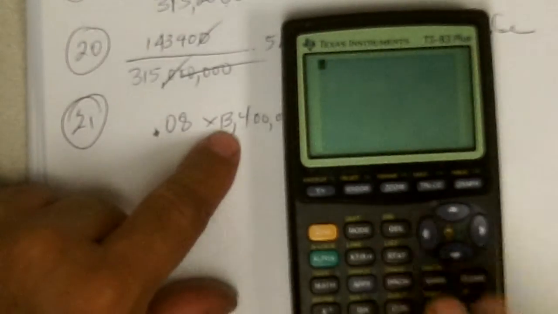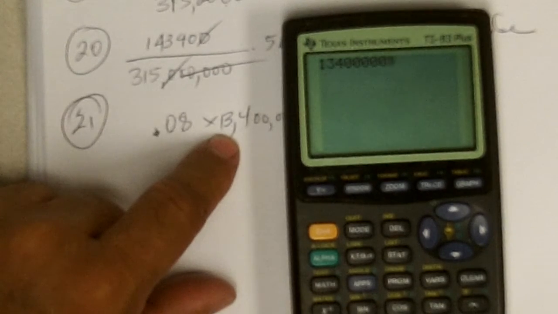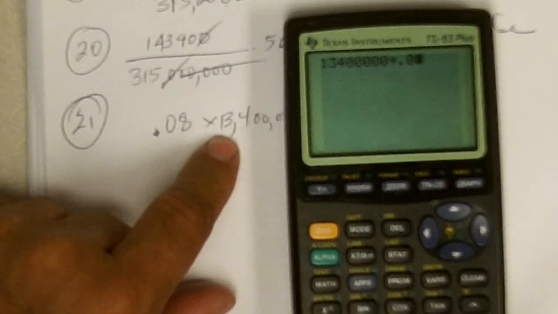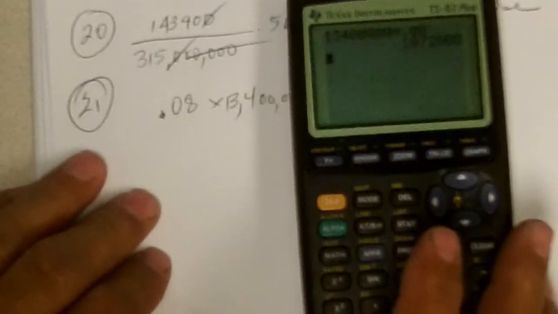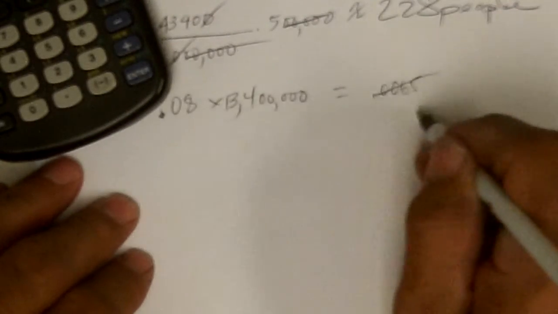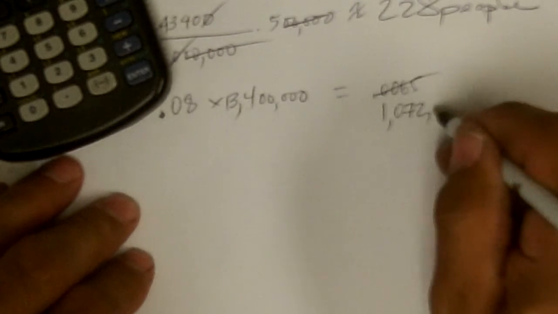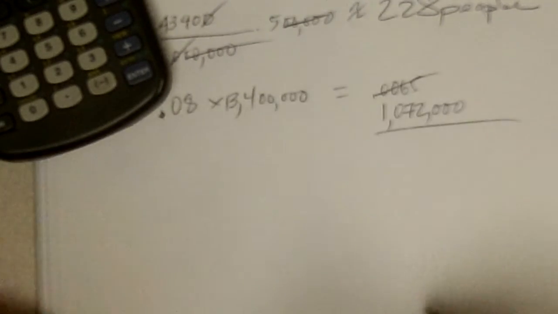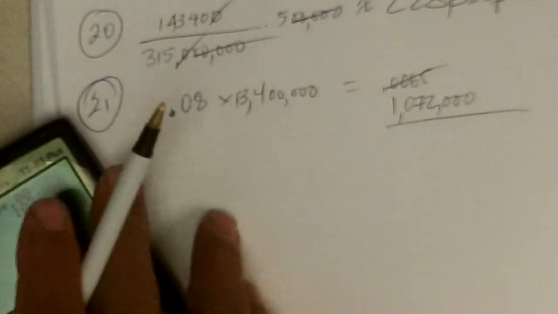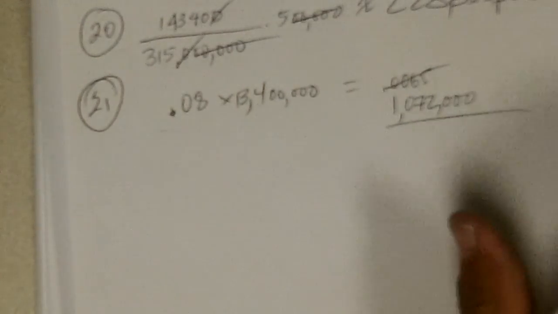Let's get this right. 13,400,000 times 0.08 is about 1,072,000. If you did 8%, if you did 10%, it'd be 1,340,000, somewhere in there. All right, now I'll start a new video.